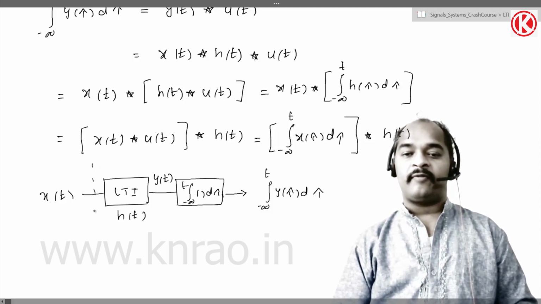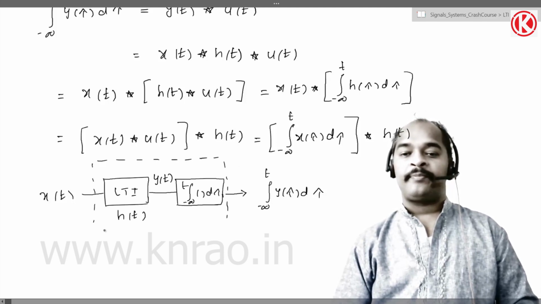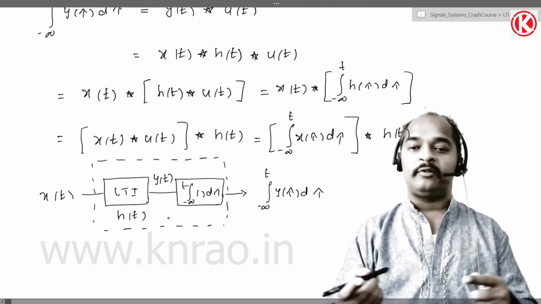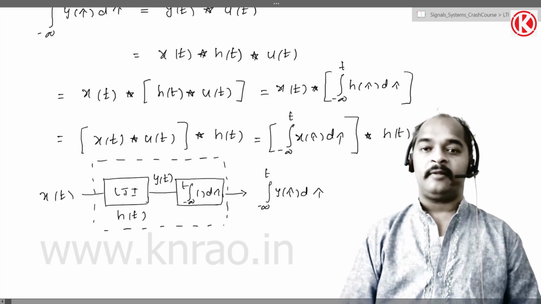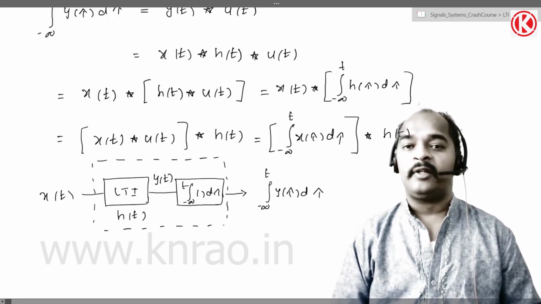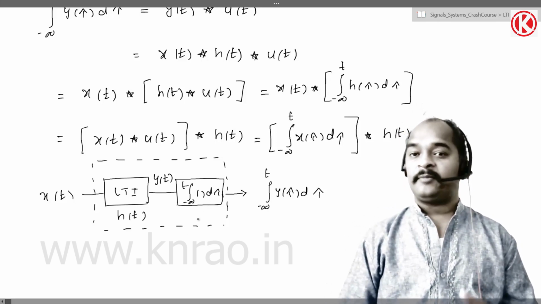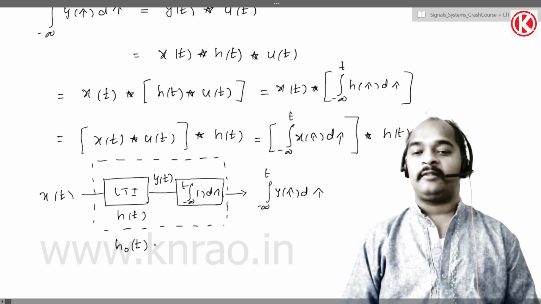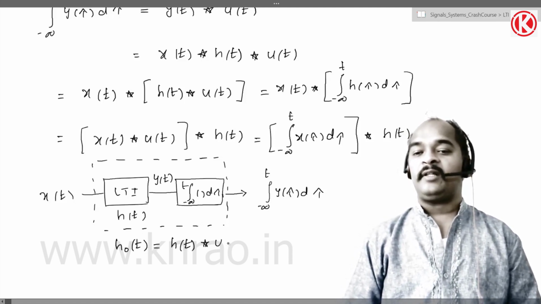Now if we are asked to find the overall impulse response of the system, note that the two systems are cascaded. This is an LTI system by default, and we already know that the integral operation is also LTI. A cascade of two LTI systems is again LTI, and hence the overall impulse response is h of t convolved with u of t.